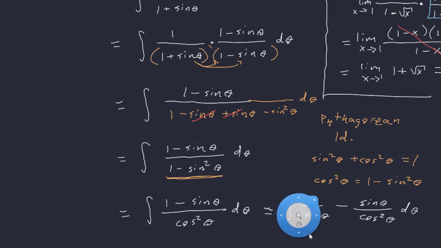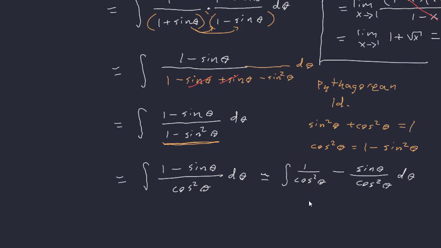Now you might think, well, how in the world is that actually helpful? Well, turns out 1 over cosine, that should sound familiar, that's secant, so this is secant squared. And then sine over cosine squared, well, if I rewrote this, I'm going to split up this fraction via multiplication: sine over cosine, 1 over cosine.